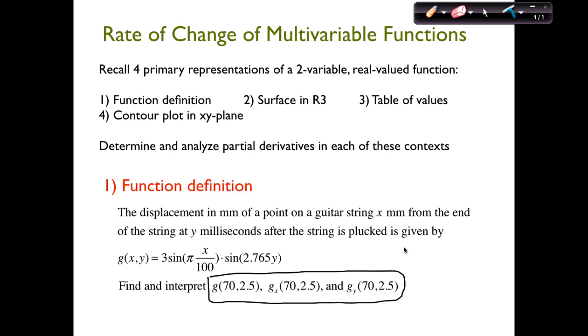And so what you can do is get a partner, make a group of 3, and in terms of calculating the number, just one person in each group does the calculations and then shares the numbers. But in terms of the interpretation, everybody takes a turn interpreting. When you get to these partial derivatives, there's a lot of detail that you need to include when you explain the meaning of the number that you get.